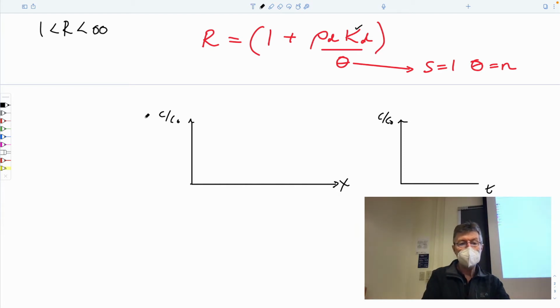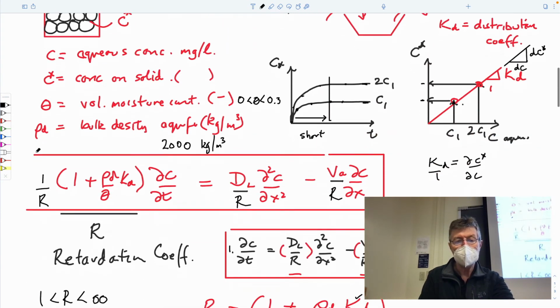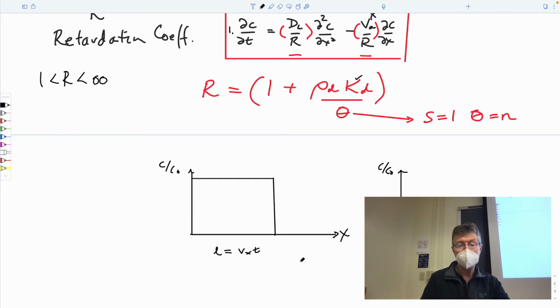So what do we have? For the conservative species, I'll just use the same colors, black and green. Length is equal to velocity times time, advective velocity. This will look like this.